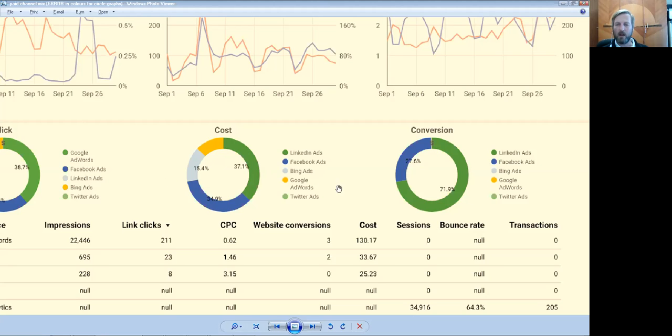Rather go and also reduce the Facebook ads. You see there, 35% is spent on Facebook ads, but it only generates 28% of the sales. So rather take both Bing ads and Google AdWords and spend that amount to make it the same as LinkedIn ads.